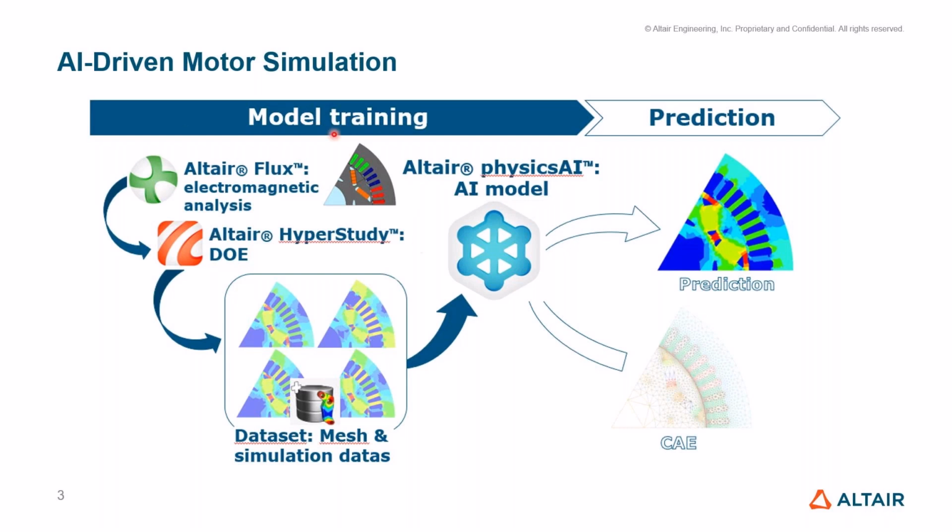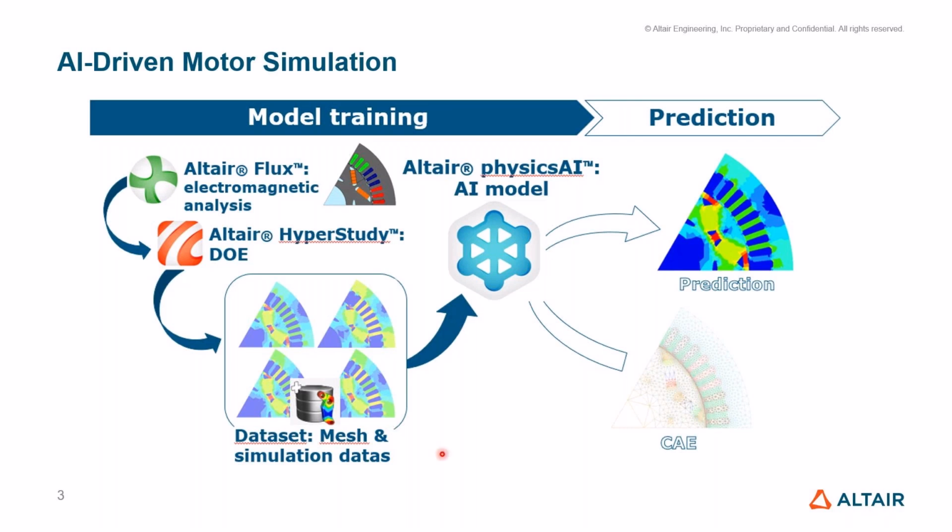So we'll set up our machine within Flux. Then we call it in HyperStudy, which we already know. We have been using this process for a long time to optimize our motor using HyperStudy and also Flux, so it's the same procedure. Then within HyperStudy, once we have the connection with Flux with the motor, we run a DOE, a couple of experiments, which will run all the experiments and store all the results in the form of H3D files.